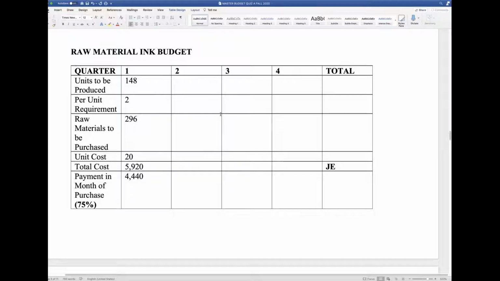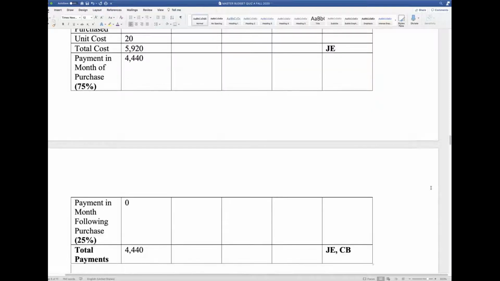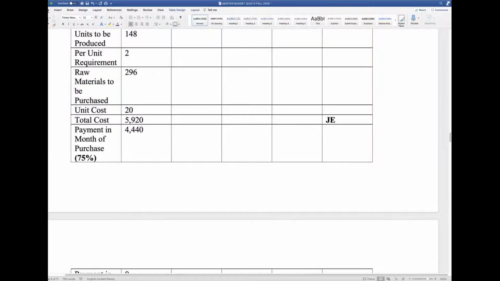Payment and month. Okay, yeah, I'm trying to find the last one. Is it just 75% of what number? Oh, it's 25%. No, it's that. It's the one down.